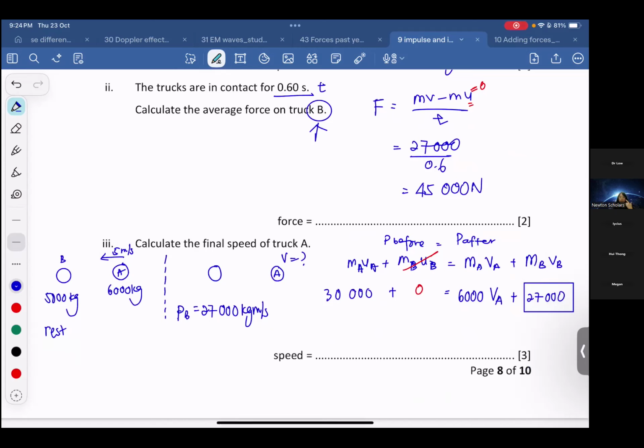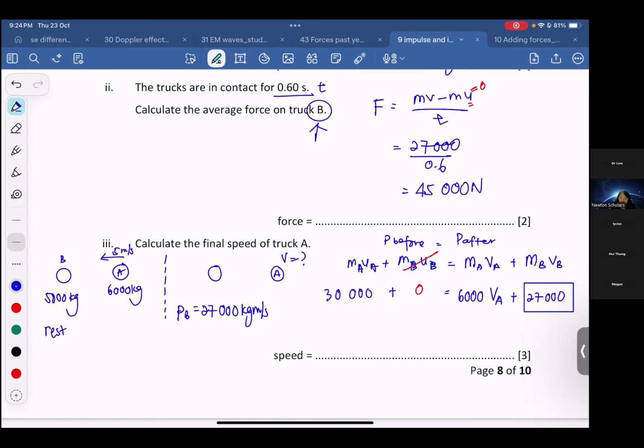Okay, try to digest and check your working with my working. Can you understand my working? What is your answer for the speed of truck A?